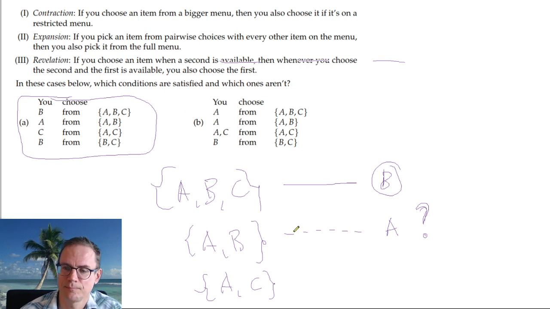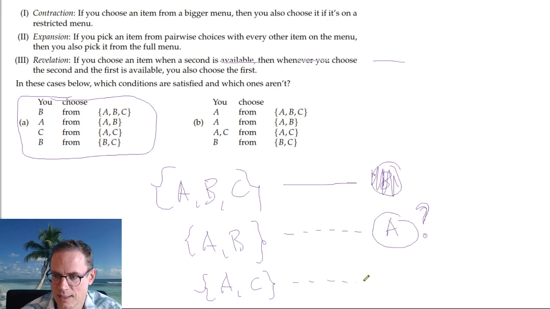Expansion says, if there is a certain option that beats the competition in pairwise contests, then it should also beat the full menu consisting of all those competitors. So let's say that I choose A here and I choose A there.